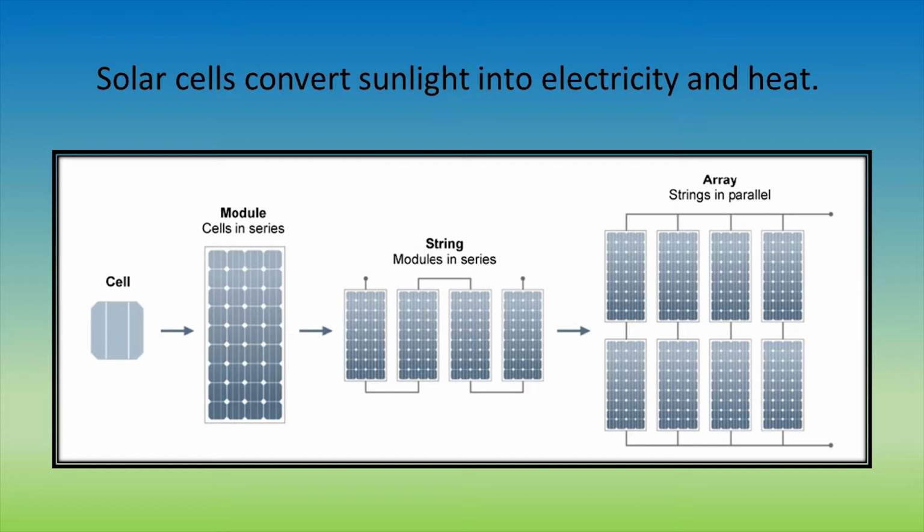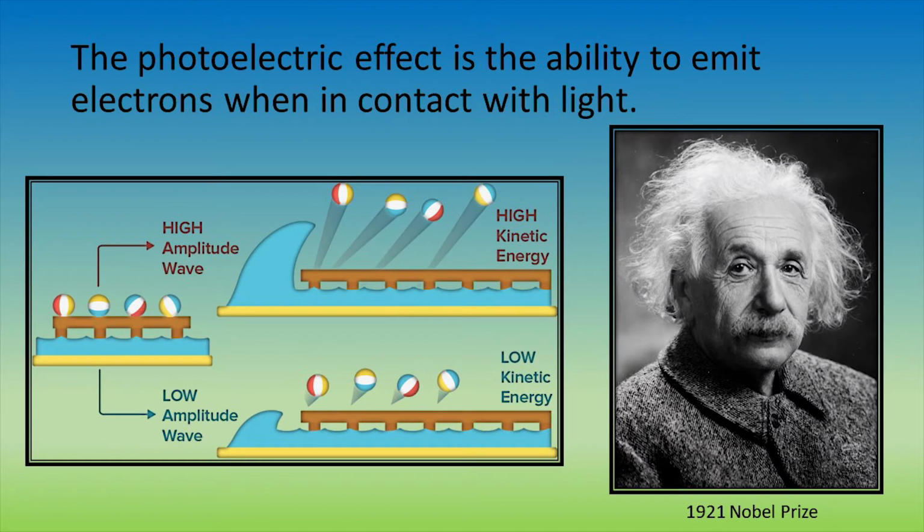In order for electricity to be generated, solar cells must be able to efficiently use the photoelectric effect. In 1921, Albert Einstein was awarded the Nobel Prize in Physics for the photoelectric effect. The photoelectric effect is the ability to emit electrons when in contact with light. What happens is when certain materials are bombarded by light, the loose electrons are given kinetic energy and jump off the material.